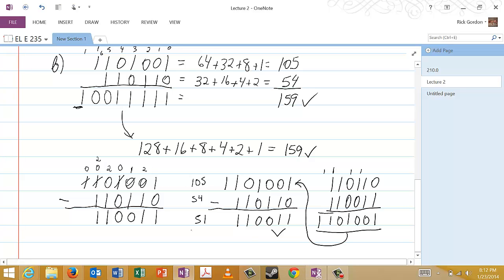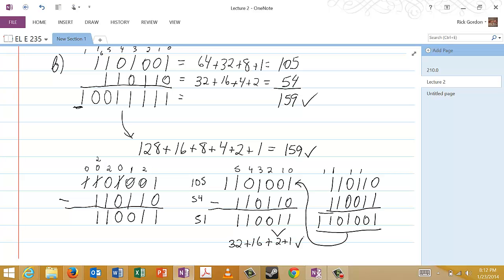And if we check that, let's number the positions again: 0, 1, 2, 3, 4, 5, and you can see that this number down here is indeed 32 plus 16. It doesn't have any 8s or 4s, but it does have 2 and 1, and so if you add those numbers up, you do indeed get 51. So this is another way of checking it and concluding that we have done our subtraction correctly.